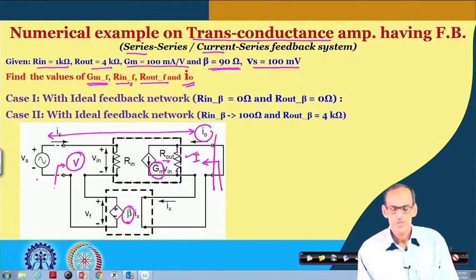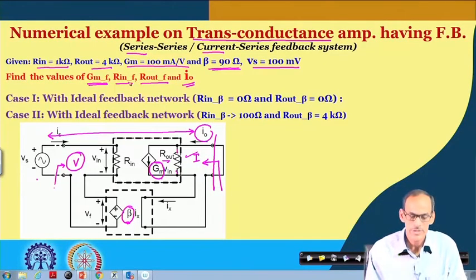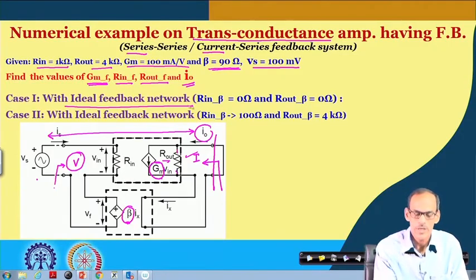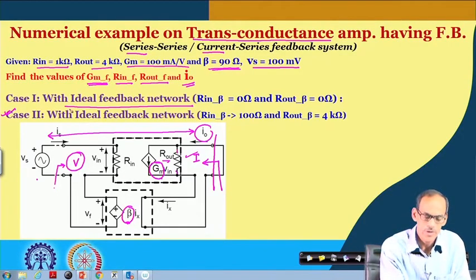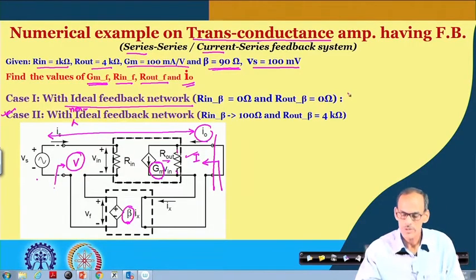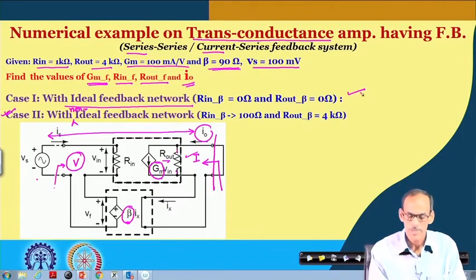To start with, we can consider the ideal feedback network, and after that we can consider the non-ideal situation. In the ideal situation, of course, it is pretty straightforward. Both A, or I should say GM, and beta are not affected by load. To avoid the loading effect, we have 0 load resistance. Here the resistance is 0, and here the resistance is 0.